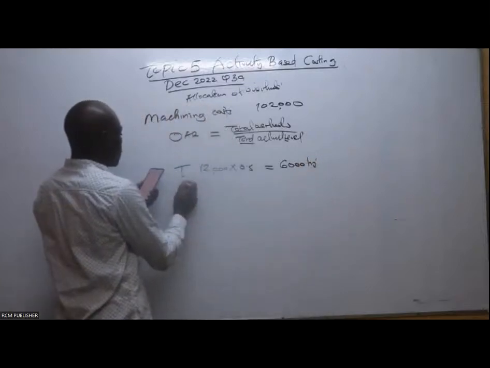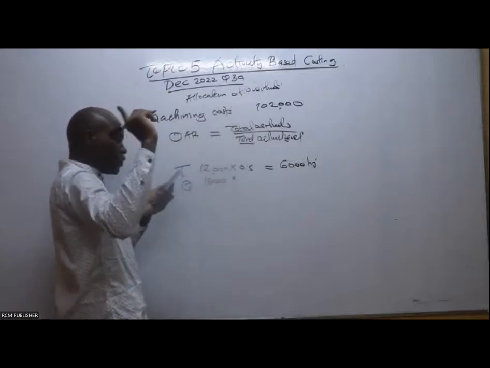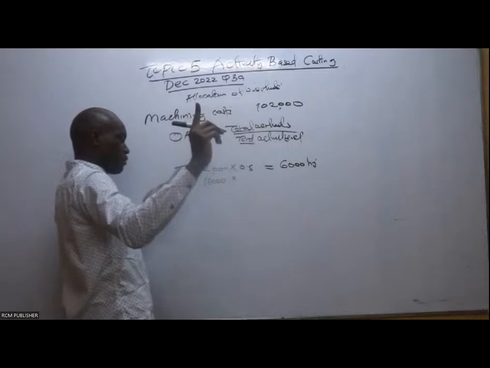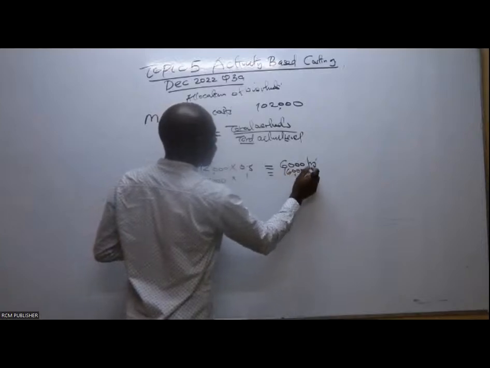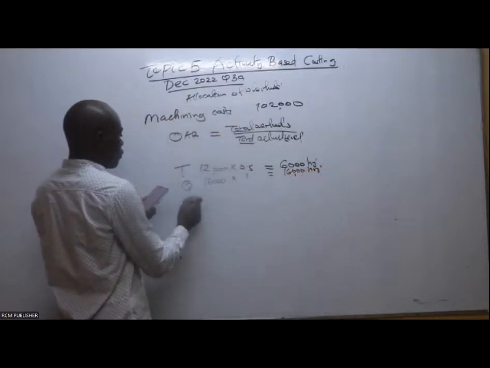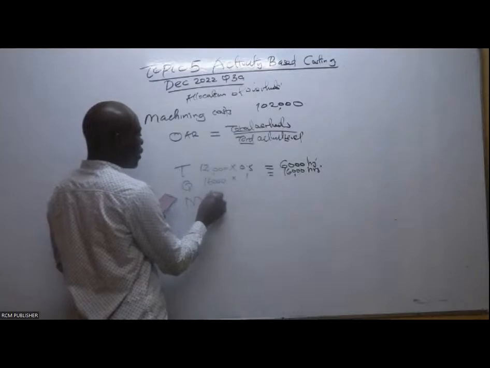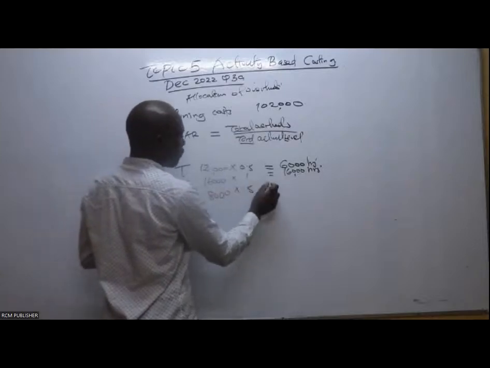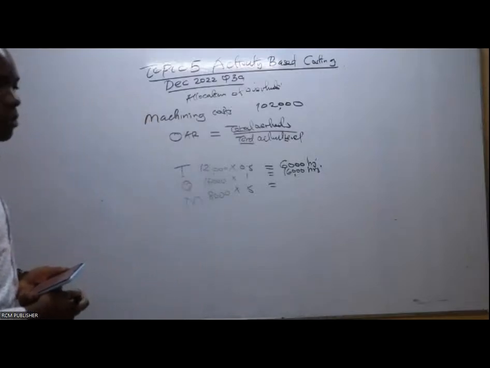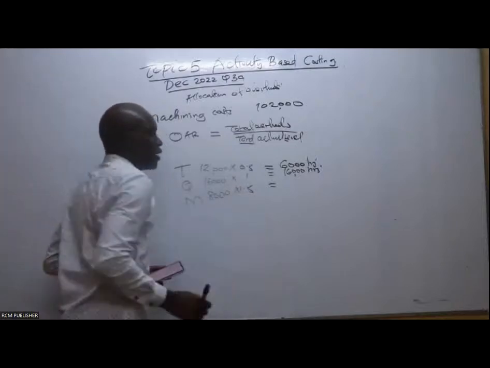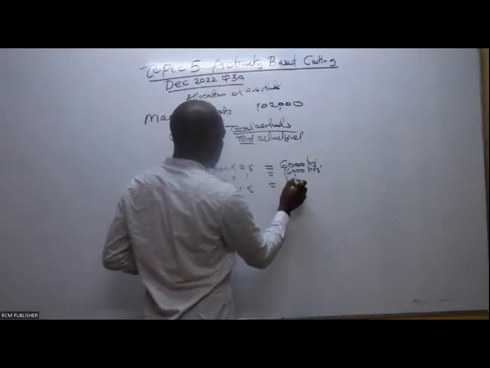What about product Q? We have 16,000 units, times the time taken to produce 1 unit, which is 1 hour. That's going to be 16,000 hours. Then to produce product M, we have 1.5 hours for 8,000 units: 8 times 1.5, which is 12,000 hours.